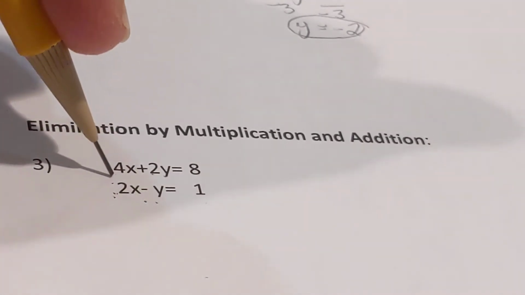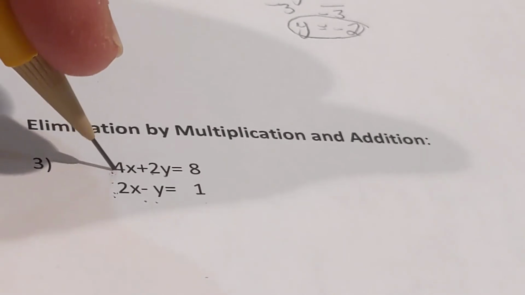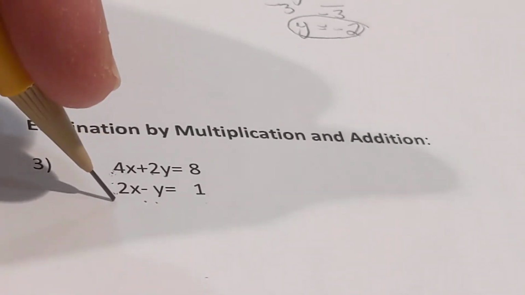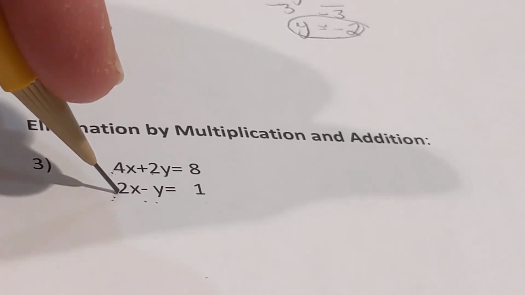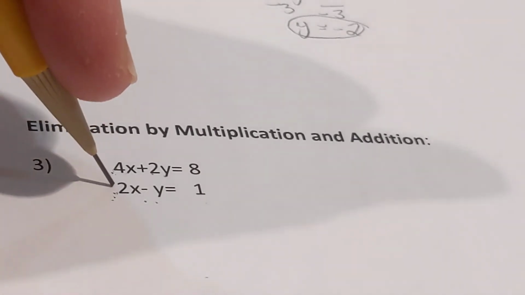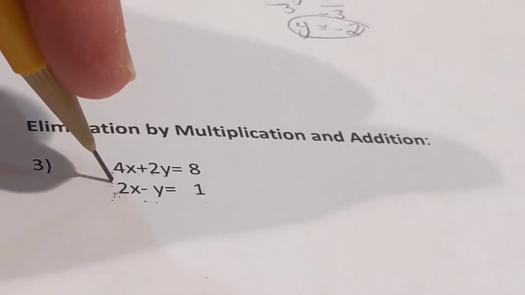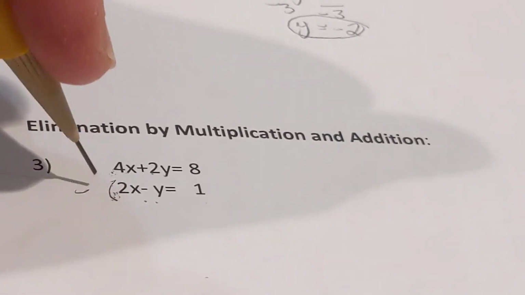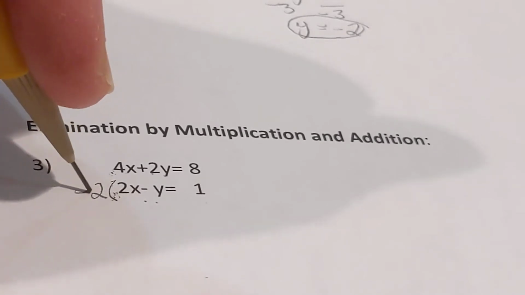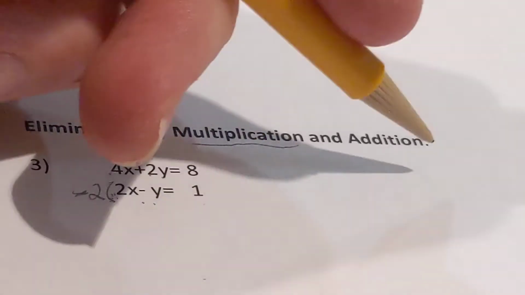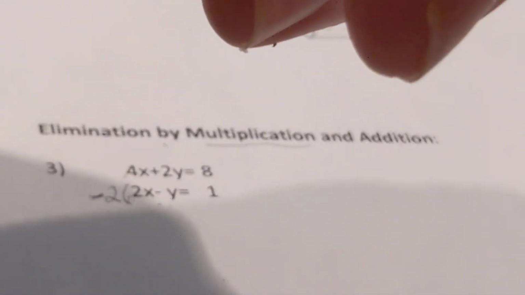So what we're going to do to take care of this is, let's say I want to eliminate the x. I've got a 4x up here. I need a negative 4x down here. Well, I've only got a 2x. The way I can take care of that is from the 2, we want to make a negative 4, so I'm going to multiply it by negative 2. This is our elimination by multiplication, and we're also going to use the addition that we used above.